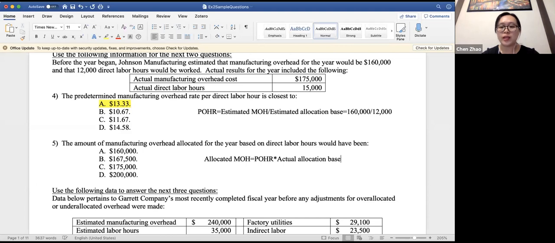This is what really happened, right? So predetermined overhead rate is just an estimate, and then we do an actual. So it's 13.3 times, what is the actual allocation base? Is here, right? It's 15,000. Okay.